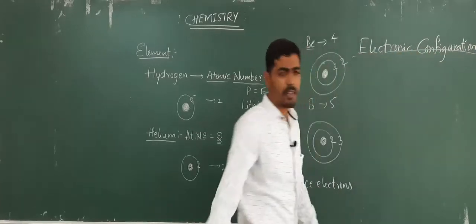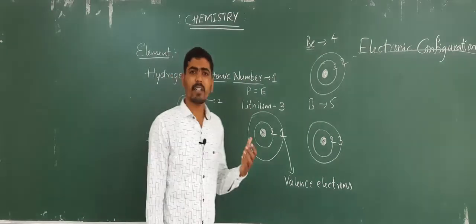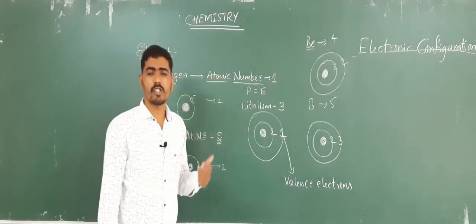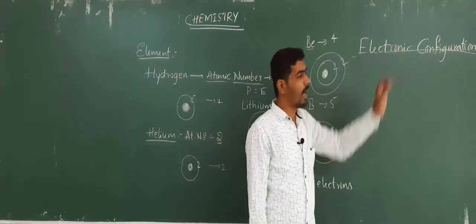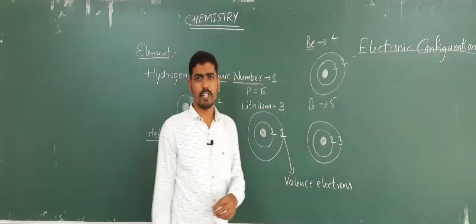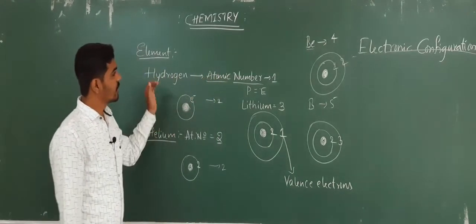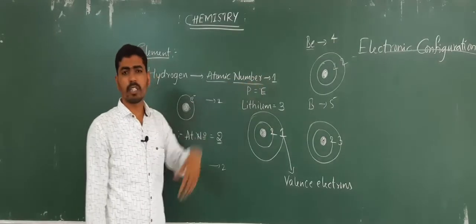So this electronic configuration simply represents how many electrons are present in the atom and how they are distributed in an atom. That will be represented by electronic configuration of an atom. If I consider the hydrogen atom, the atomic number of hydrogen is 1.